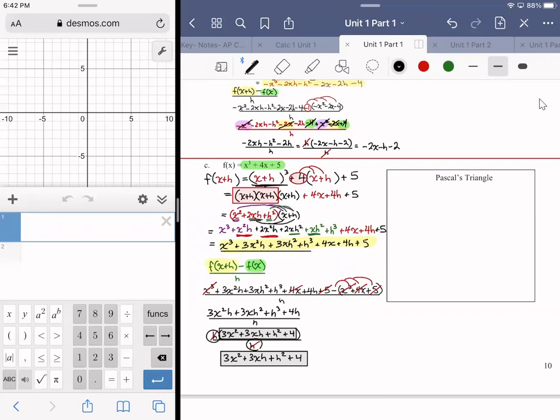We needed to get to that expansion, but we didn't want to have to do all this stuff along the way, right? Pascal's triangle helps you to avoid that. So I'm going to show you how to first construct the triangle, and then I'll show you what it means, all right?